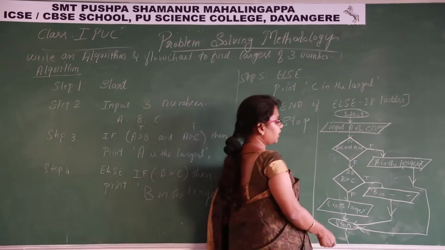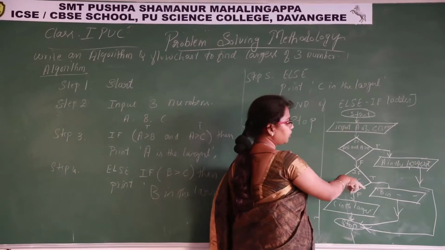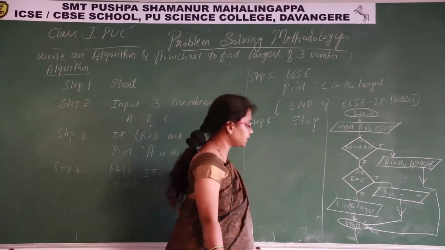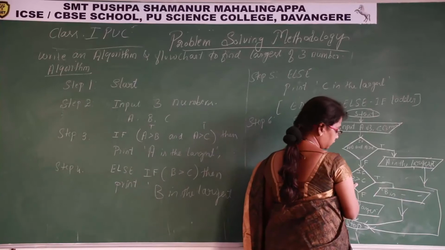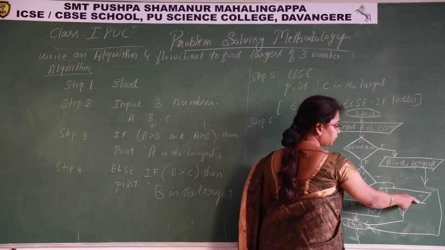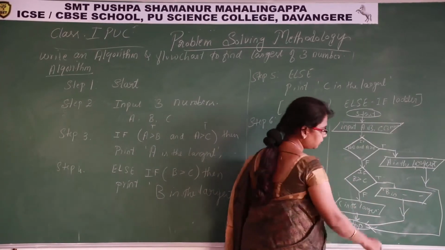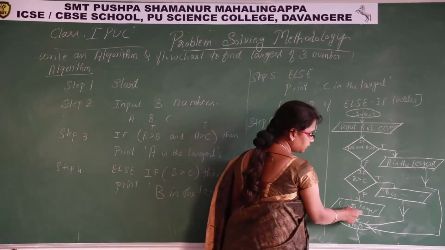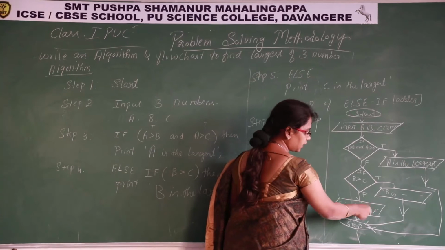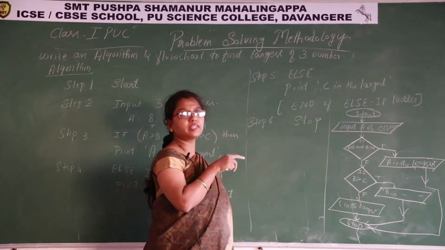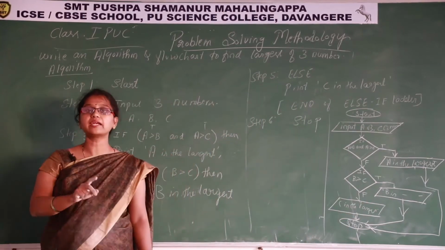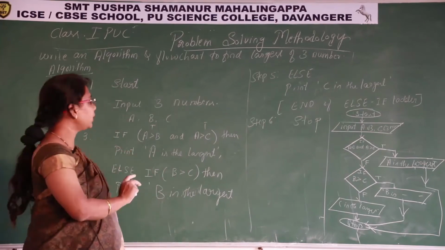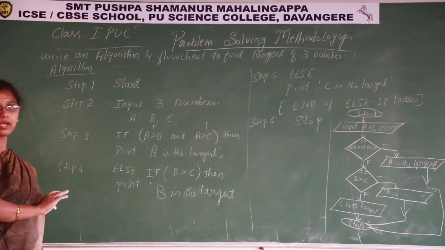What is there in the false direction? Again one more condition, B greater than C. If this condition is satisfied, it has to display B is the largest, then stop. If it is not satisfied, then the false part: C is the largest, and stop. Any one of these blocks will be executed at any given time. I hope you understood this algorithm and flow chart.